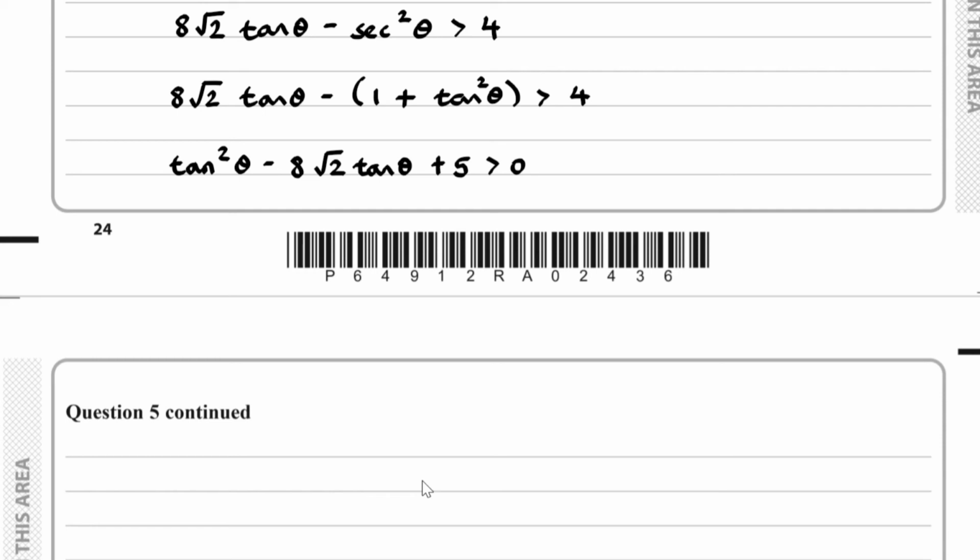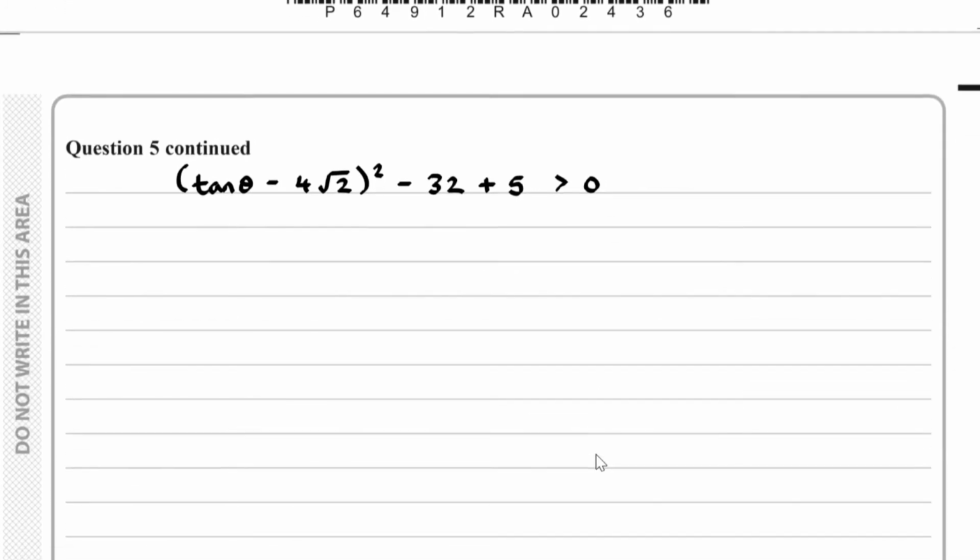So, if we complete the square, we've got tan theta subtract 4 root 2 all squared, subtract the square of 4 root 2, which is 32. Then we add 5. This is greater than 0. So, we have tan theta subtract 4 root 2 squared being greater than 27.